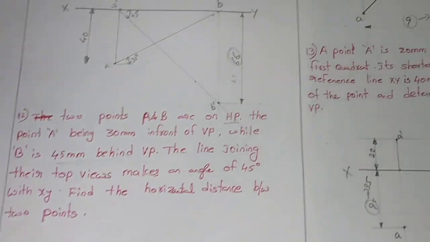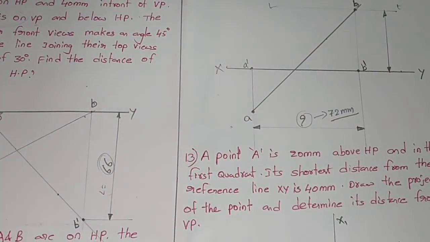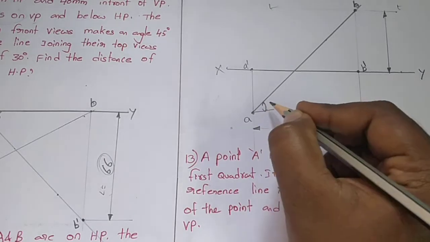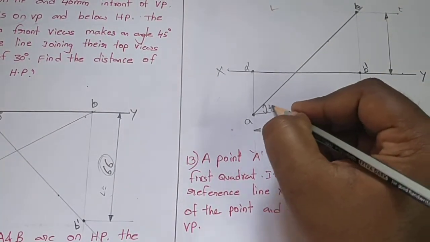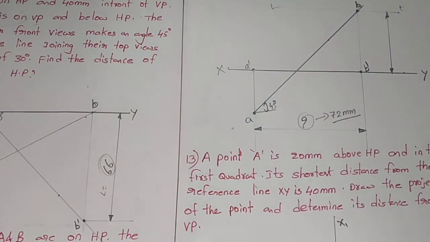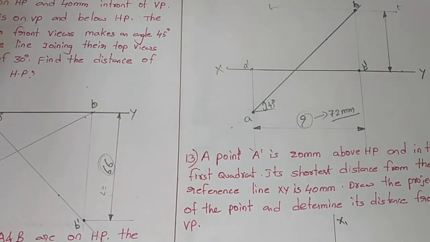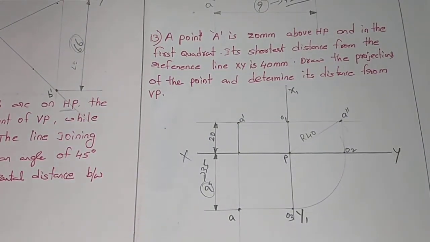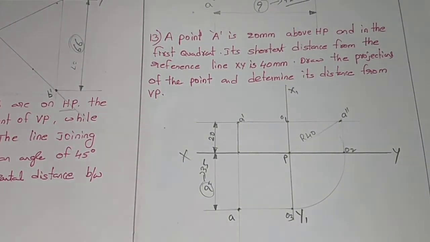Based on this, we first projected point A and they gave an angle. That angle is 45 degrees. The line joining the top views is at a 45 degrees angle. Based on this, we found the distance between the two projectors. In the next problem, we found the in front of VP distance of point A from the vertical plane.